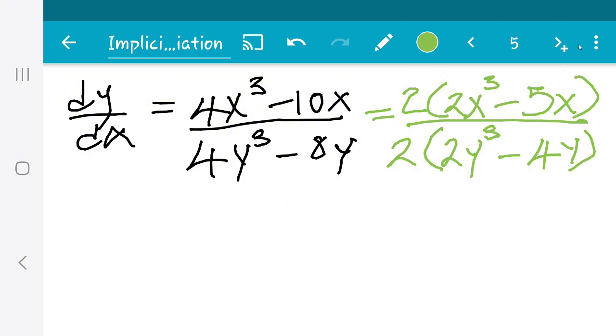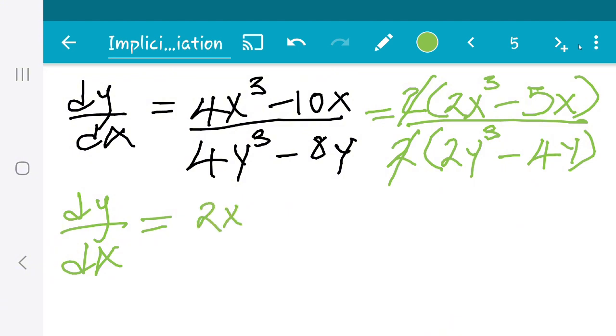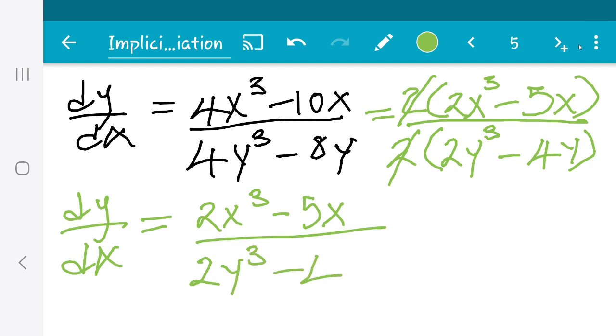Okay, and then now we cancel the 2. So our final answer will be dy over dx is equal to 2x cubed minus 5x over 2y cubed minus 4y. Thank you.